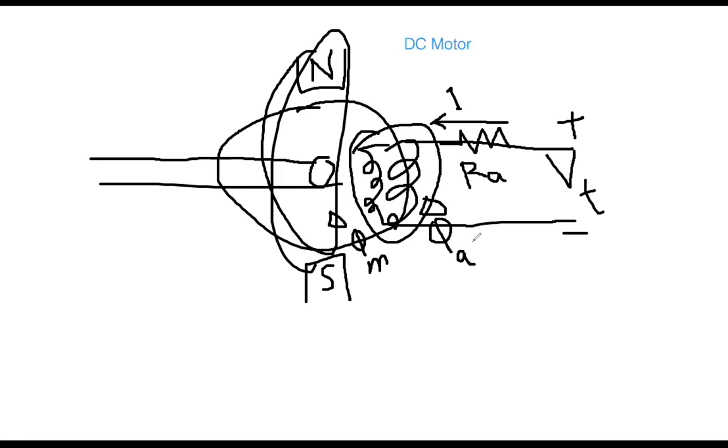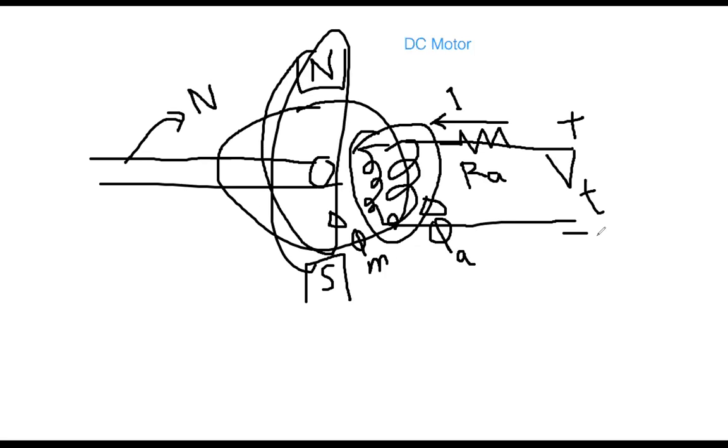Now, we discussed in chapter 6, the induction motor principle, that to produce torque you need two sets of flux. At that time there was a stator flux and a rotor flux. In this case, the armature flux and the main field flux interact and produce torque, and hence the motor will start rotating at a certain speed, for example n.